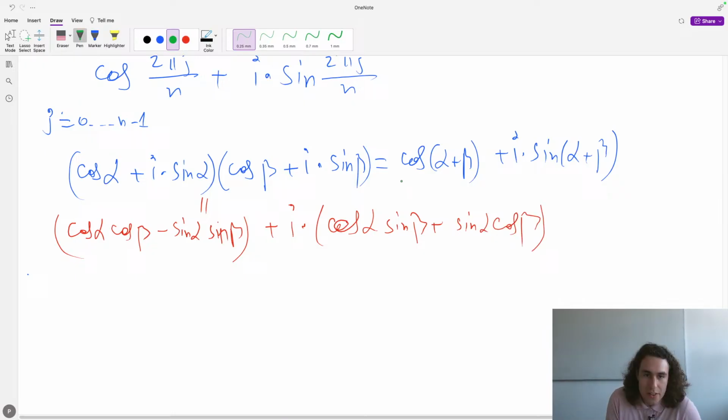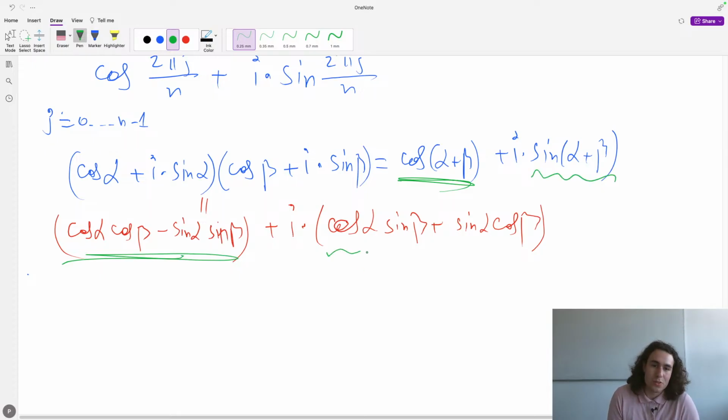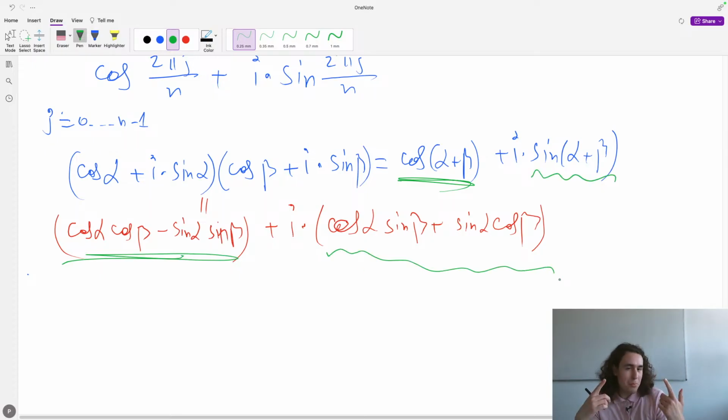And note that we know that this value is equal to this one, and this value is equal to this one. So if you know complex numbers, you don't need to remember formulas for cosine and sine. Cosine of alpha plus beta is this, sine of alpha plus beta is this. We learned it by just looking at complex numbers. But that's not relevant to what we're talking about.